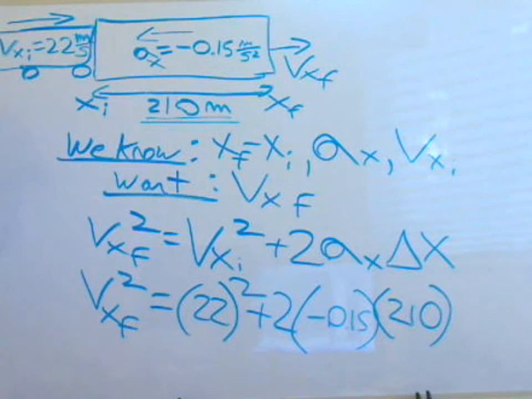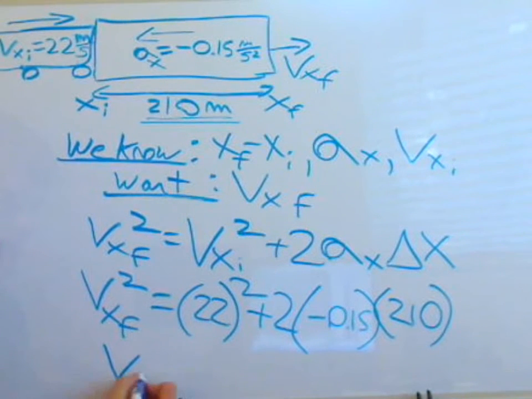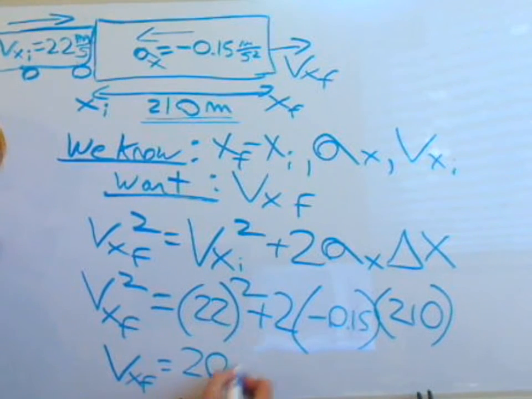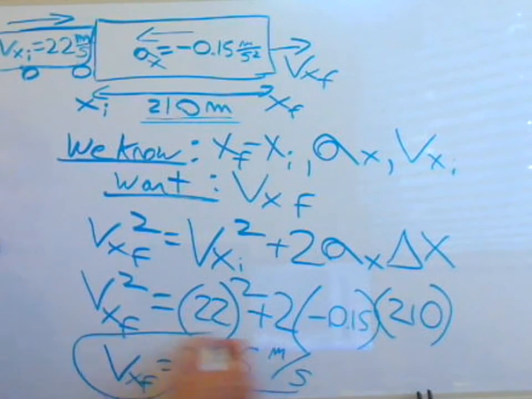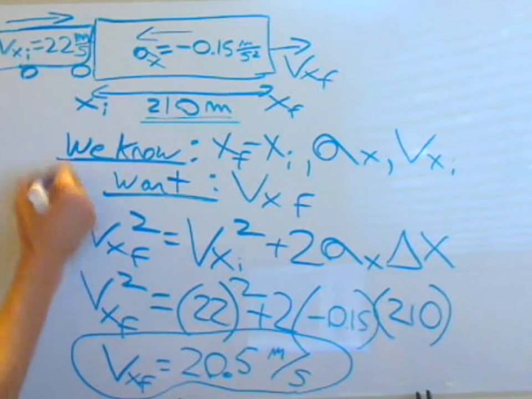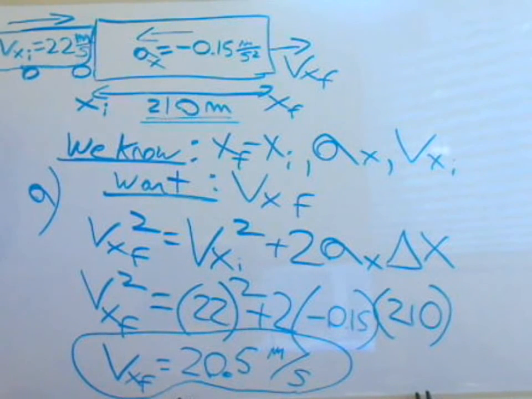So we have to take the square root of that number. And when we do that, we get our answer. Our answer for the final velocity when the train exits the station is 20.5 meters per second. Okay? So there's our answer for part A, 20.5 meters per second.